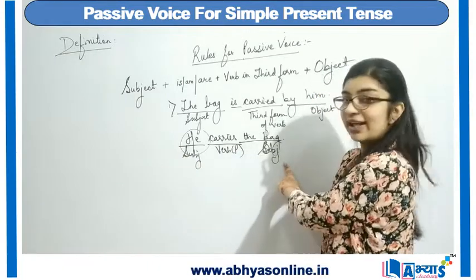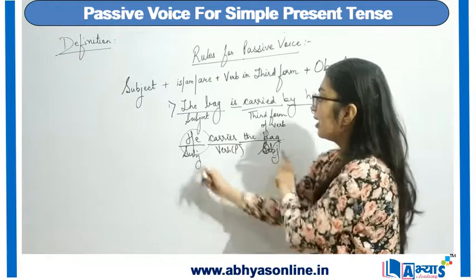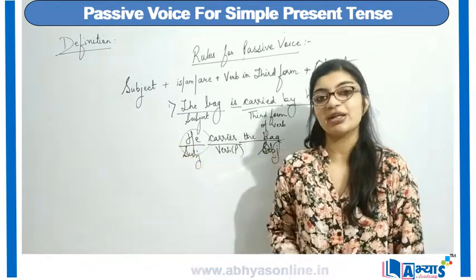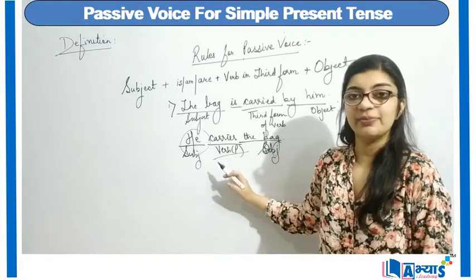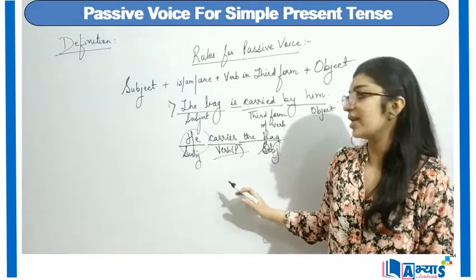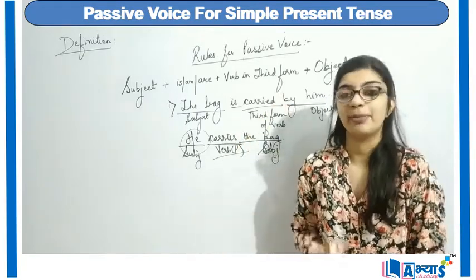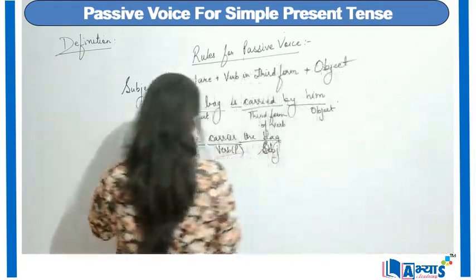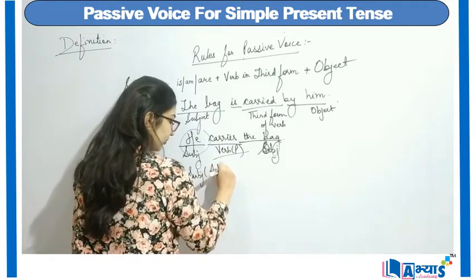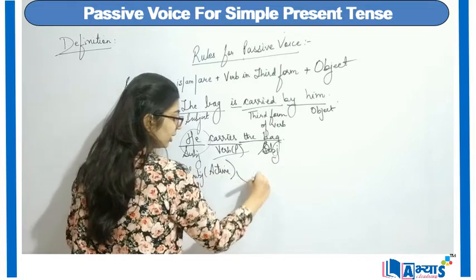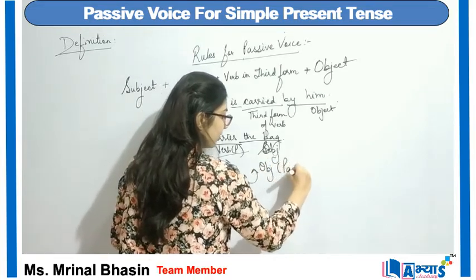The object in active form was bag, but now the bag becomes my subject in passive form. Then the verb is in present form in active voice, but now it gets converted to a third form in passive. Right? So here the subject of active gets converted to the object of passive.